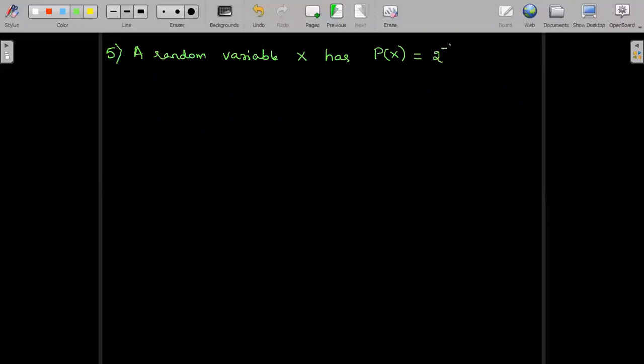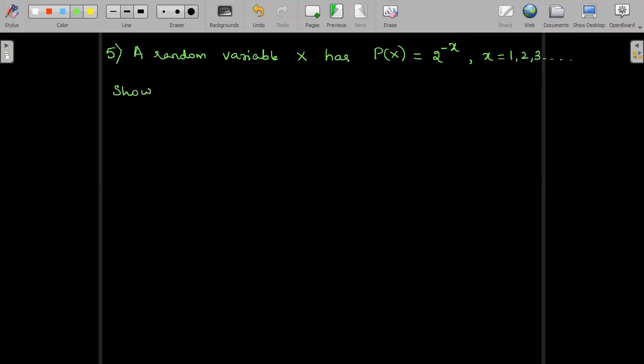I would like to discuss one last problem in the discrete probability section. The problem is: a random variable X has P of X given by 2 power minus X, where X takes the values 1, 2, 3, and so on up to infinite terms.